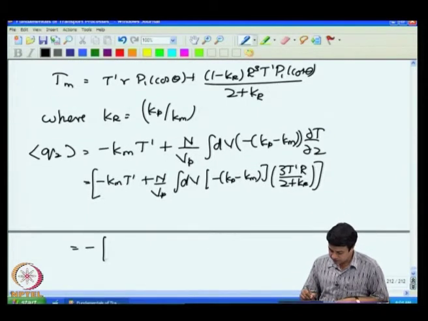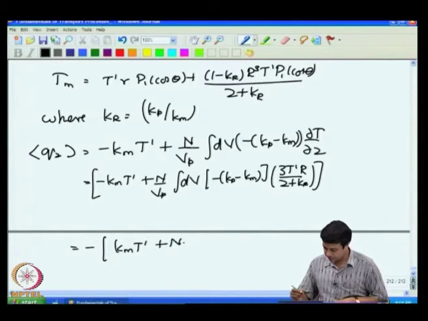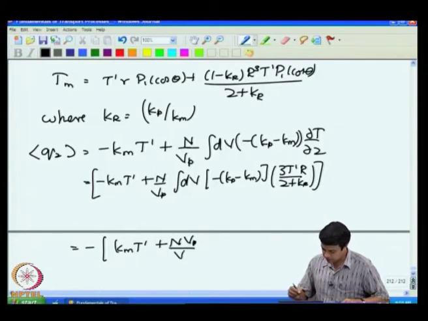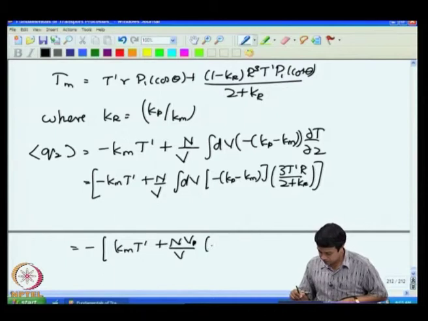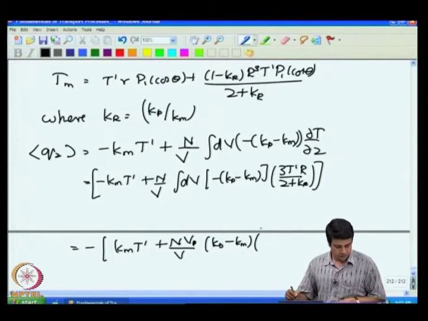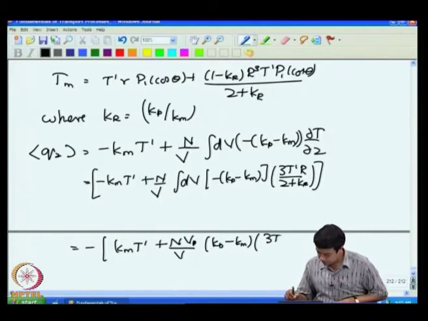This will give me minus of Km T prime plus n into the volume of one particle divided by the total volume into Kp minus Km into 3 T prime by 2 plus Kr.